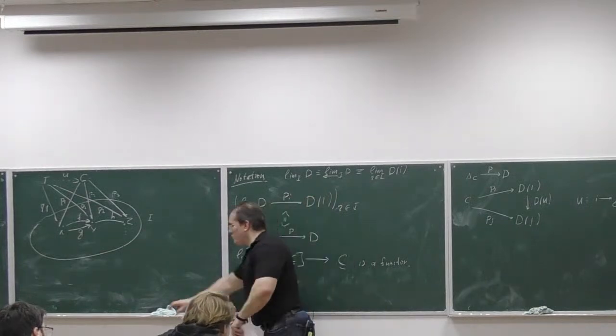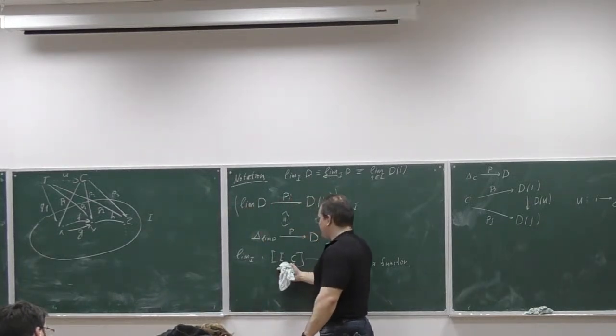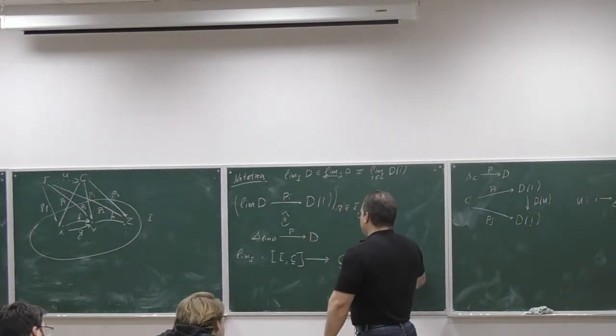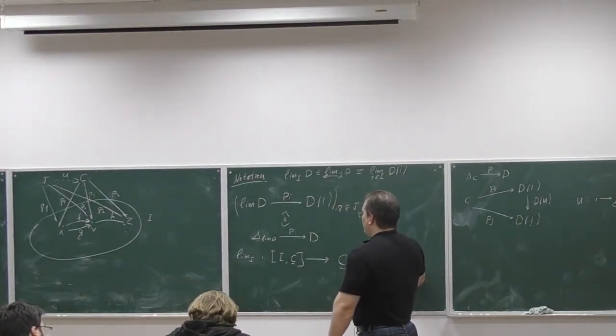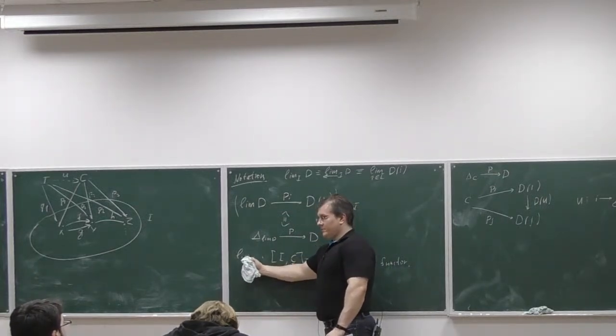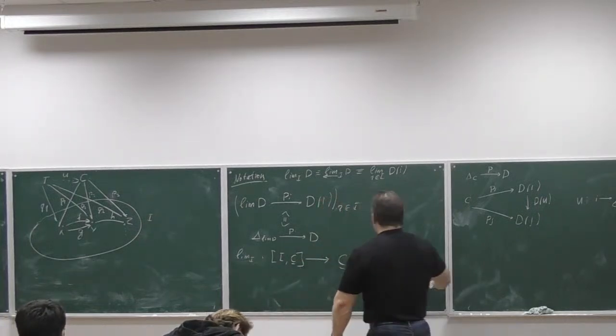For objects, we know what to do, right? An object is a functor, compute the limit, it's an object. Of course, this works if we assume that there are limits for all functors of a given shape. So if it exists, then this is a functor.